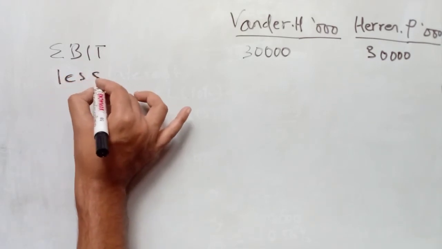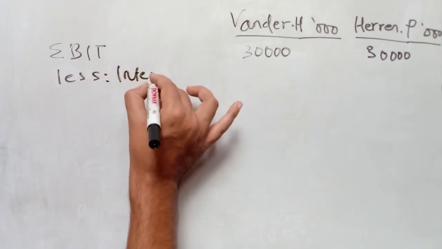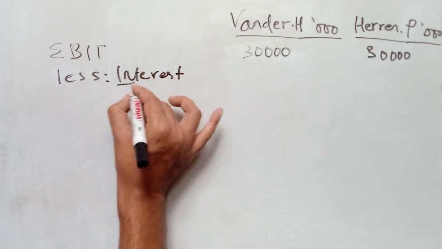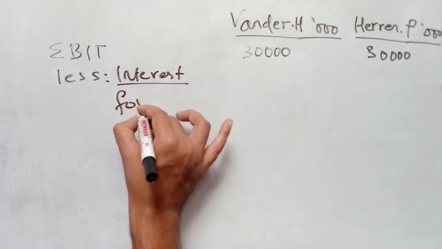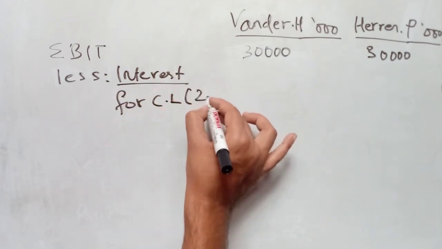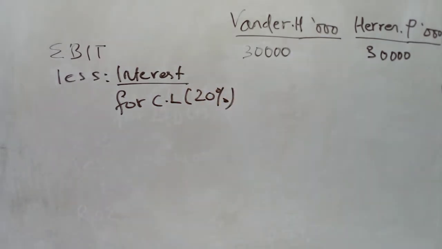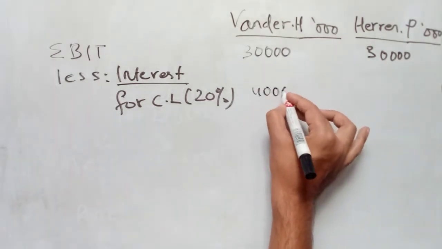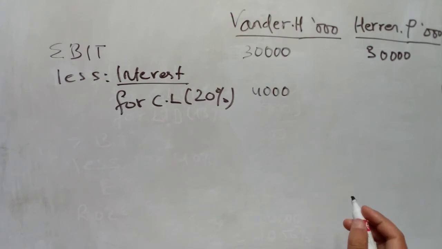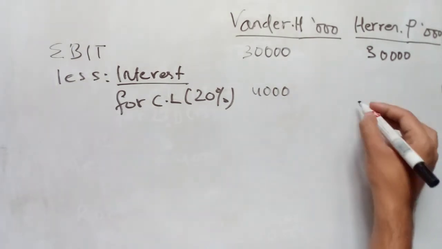So now less interest. If we look closely at the question, we can say that current debt is 20% for each case. For the Vanderheiden Company, it is 20,000 into 20% is 4,000, and for Herrenhouse it is 16,000 rupees.